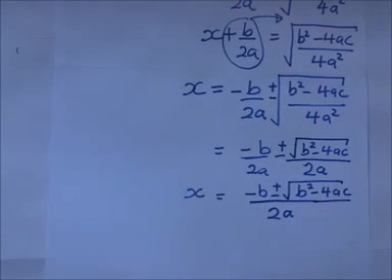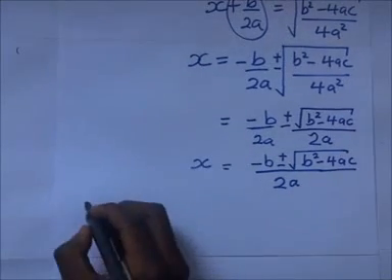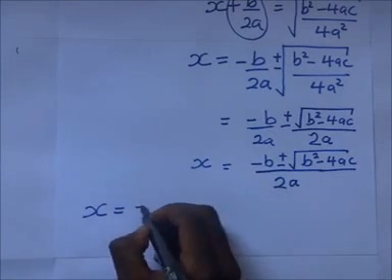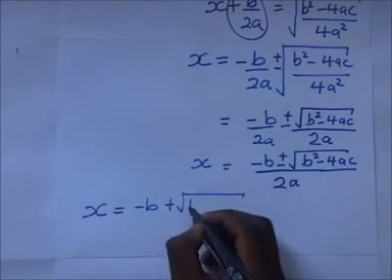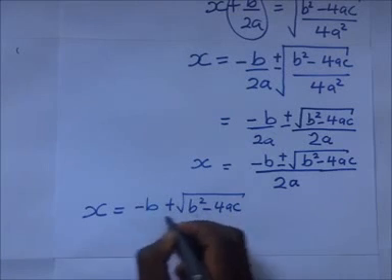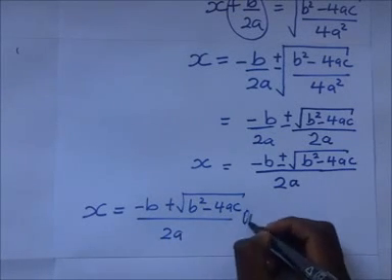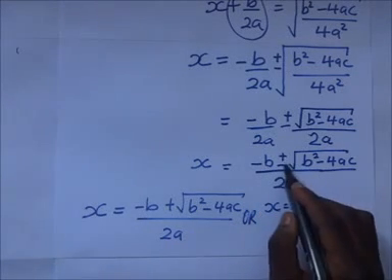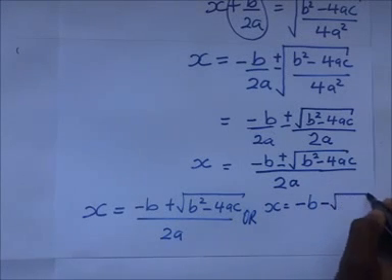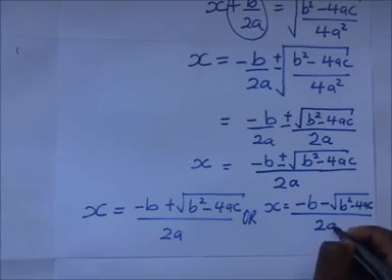So according to this quadratic formula of ours, when we are solving quadratic equations, we always have two solutions. Our value of x will either be negative b plus the square root of b squared minus 4ac over 2a, or our value of x will be negative b minus the square root of b squared minus 4ac, divided all that by 2a.